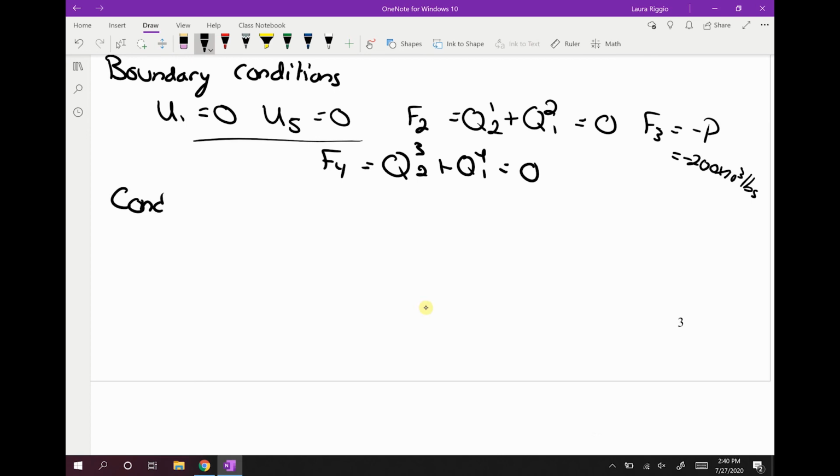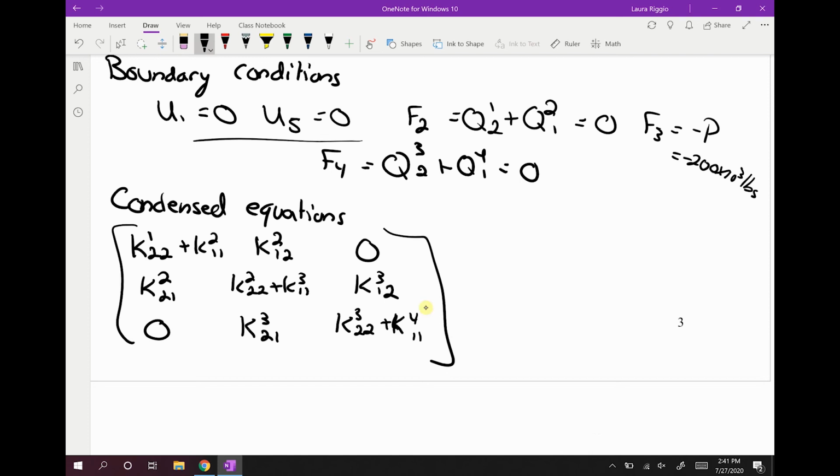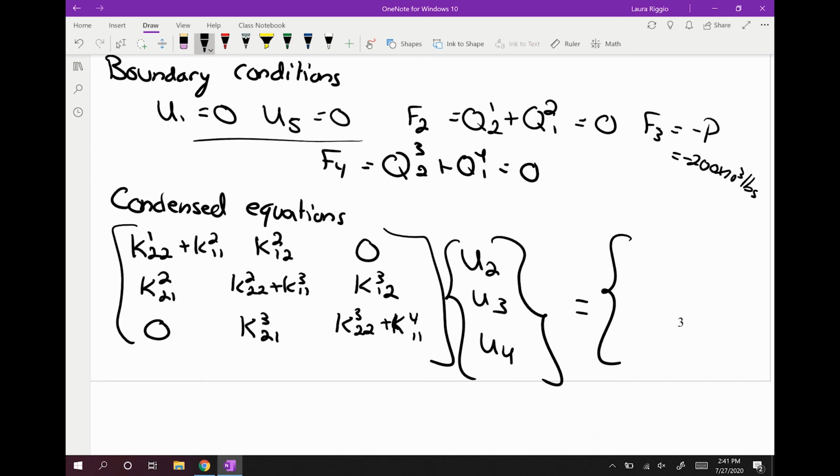So my condensed equations are K, times our unknown displacements, U2, U3, U4, is equal to 0, minus 200 times 10 to the 3, 0. So that is the system of equations that we are trying to solve.